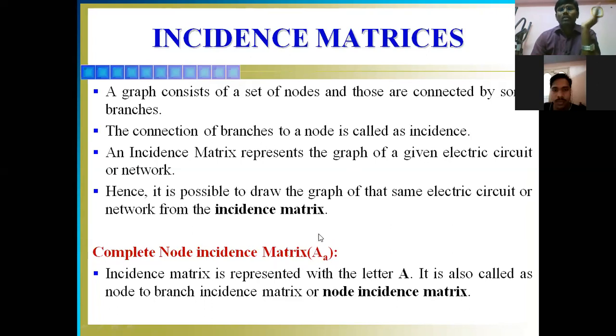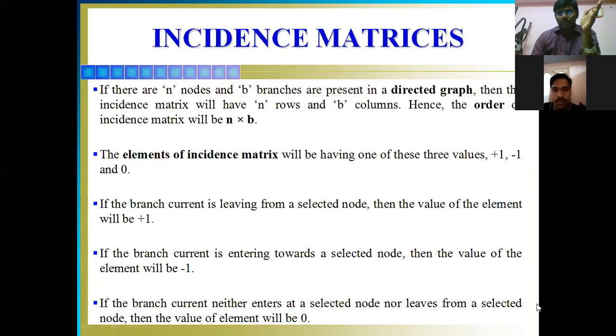It is also called the node incidence matrix. Suppose in any network there are n nodes and b branches present in a directed graph. The graph must be directed.